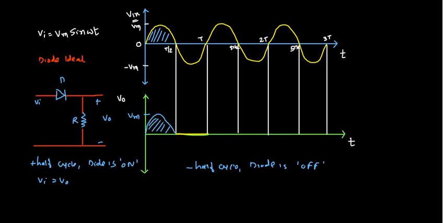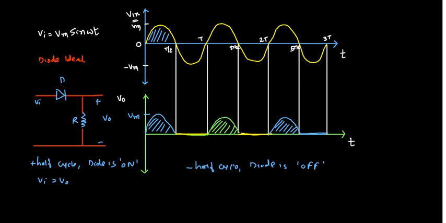Now in a similar way, for the next positive half cycle, the diode will once again become on and we will get this signal. When the diode is off, for the negative half cycle we will get 0. Once again for the positive half cycle the diode is on and V input equals V output, and for the negative half cycle V output equals 0.